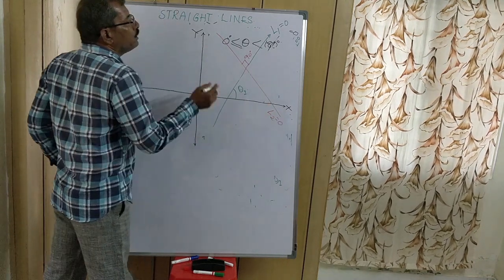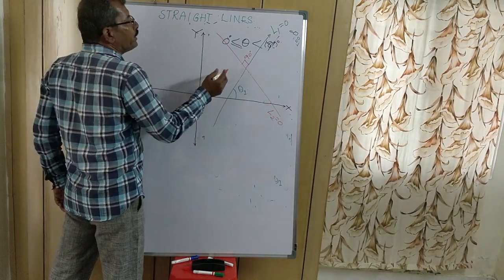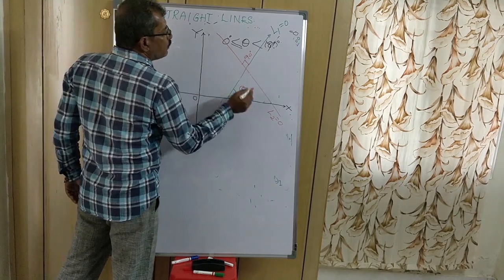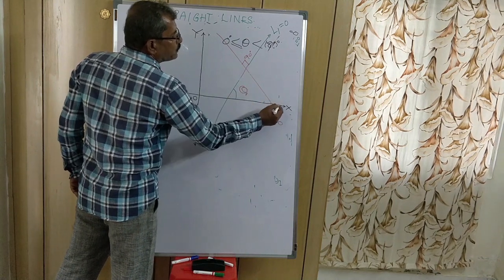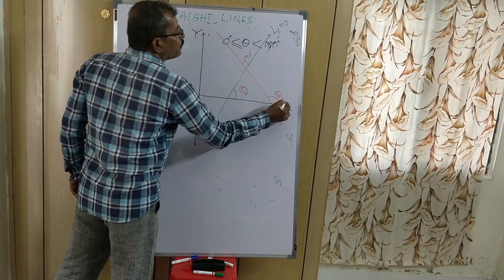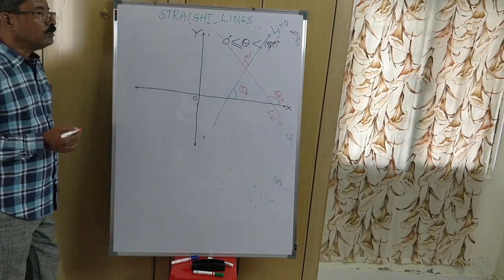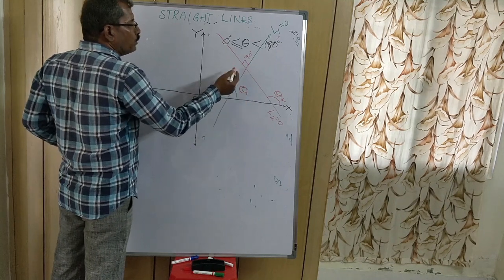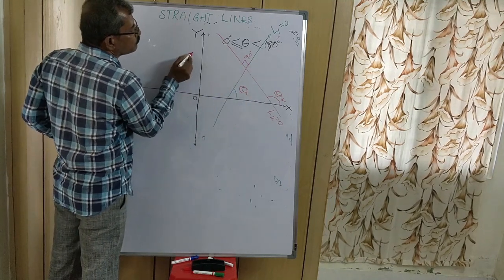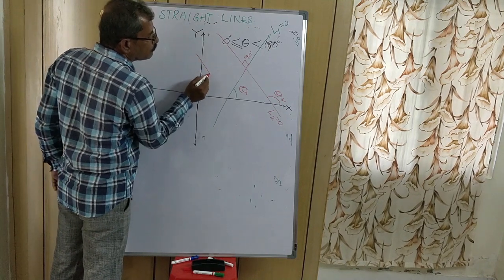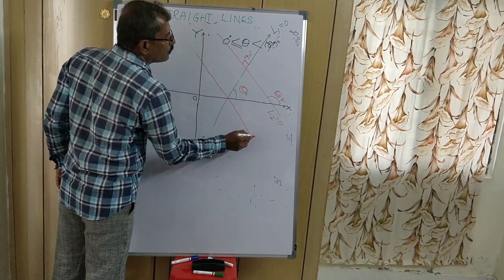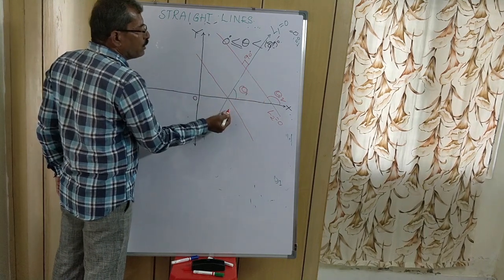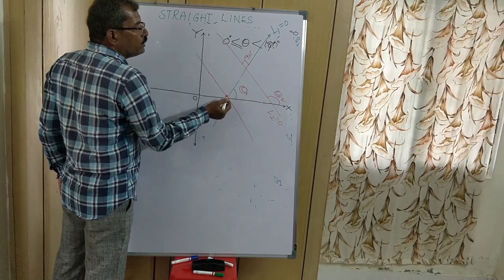Suppose L1 makes an angle theta 1 with the x-axis, and this L2 line makes theta 2 with the x-axis. The theta 1 and theta 2 angles, suppose this is shifted to here, this one is also theta 2.